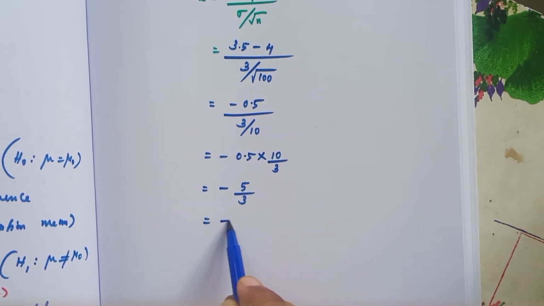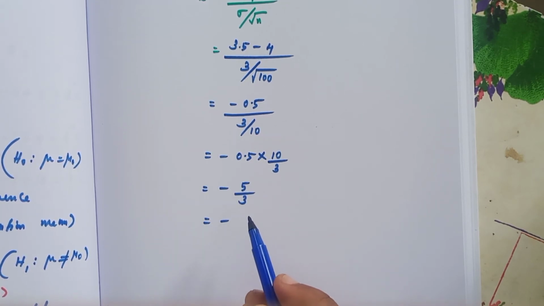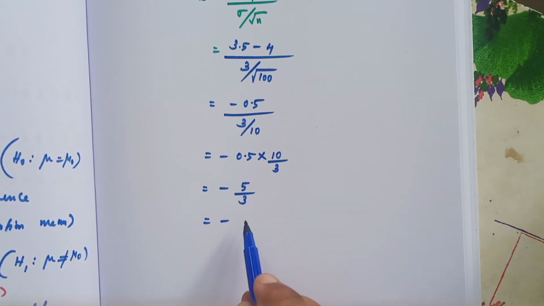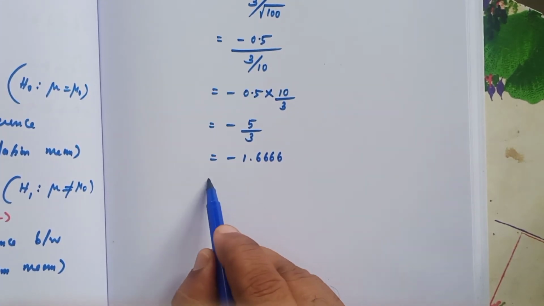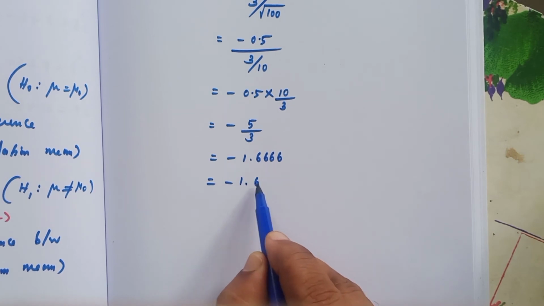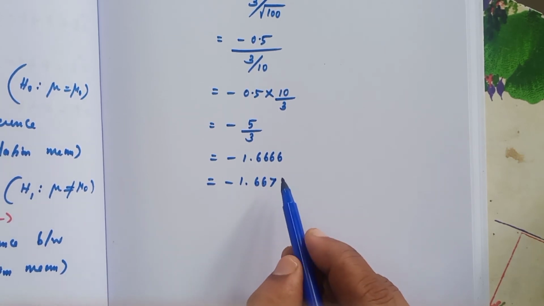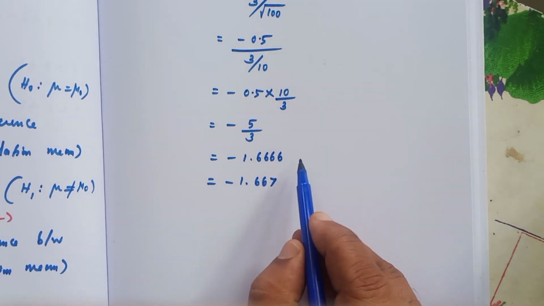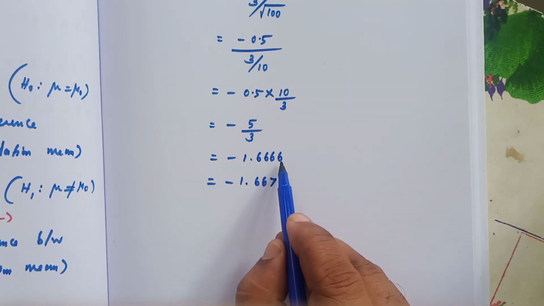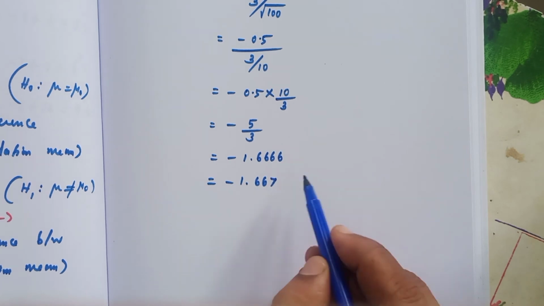If we divide, we get 1.6666 going on. We can write minus 1.667, since the fourth digit is 5 or more, 1 is added to the previous digit, so 6 becomes 7. That's the approximate value.